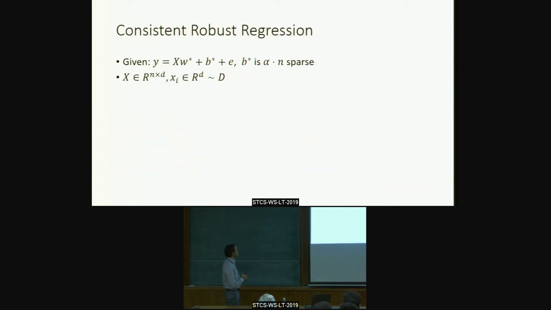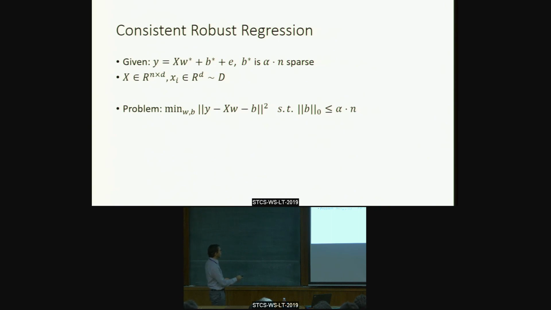So let me recall the problem. You are given this vector y as inner product of x and w star with some adversarial corruption and some white noise. Each of these data points is coming from some fixed distribution, and this adversarial corruption is, say, alpha n sparse. So you can write this problem as an L0 minimization problem, or a least squares problem under an L0 constraint.